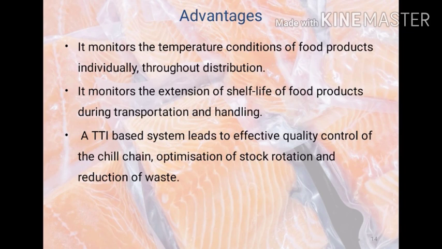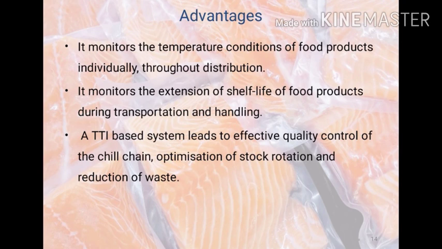Let's see what the advantages of this time temperature indicator are. Various advantages can be derived from this time temperature indicator, apart from the reluctance of the food producers to adopt it due to cost, reliability, and applicability.